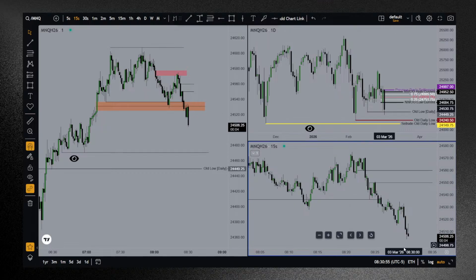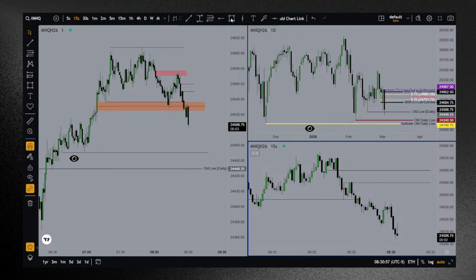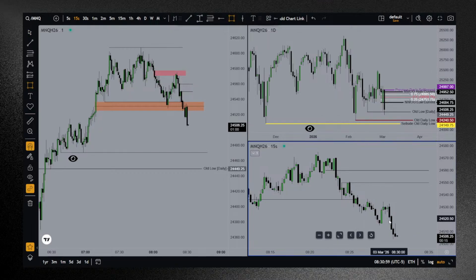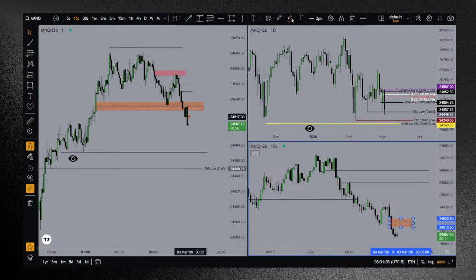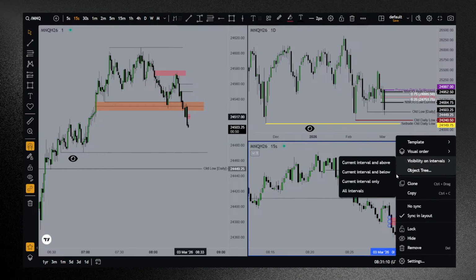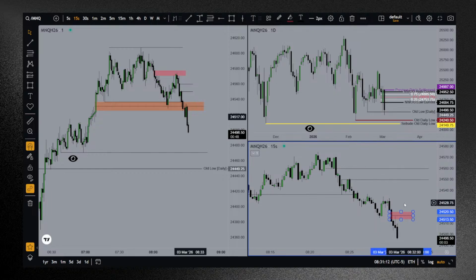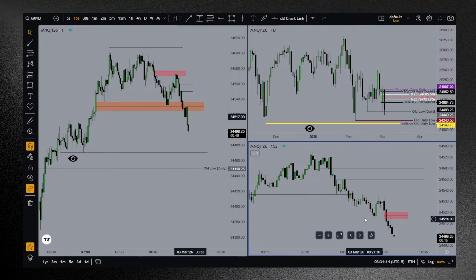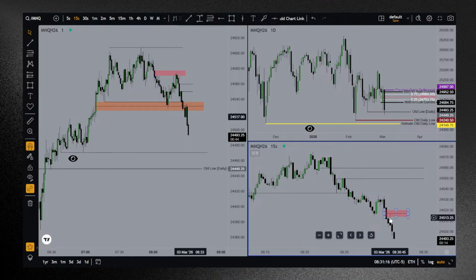The displacement is seen on the 15-second chart, in my opinion, here. It traded to it for an institutional order flow entry drill, lower half respected, and now it's running away quickly.